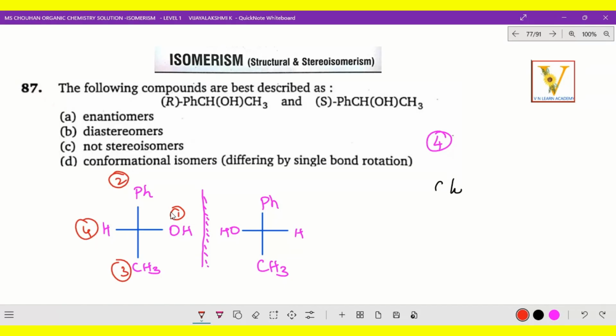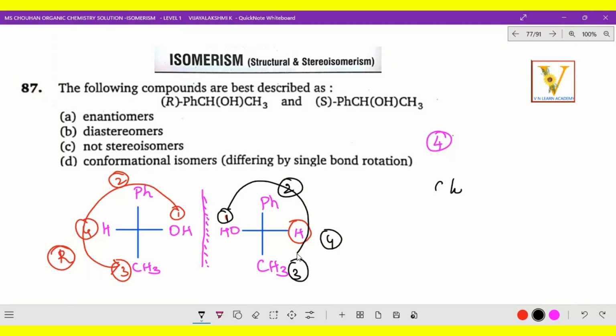The fourth priority is there, and it goes anti-clockwise, so anti-clockwise means it is R. The same way for the other one: this is 1, this is 2, this is 3, and this is 4. Here it is clockwise, so it is S. So with the RS configuration, 100% it is enantiomers.